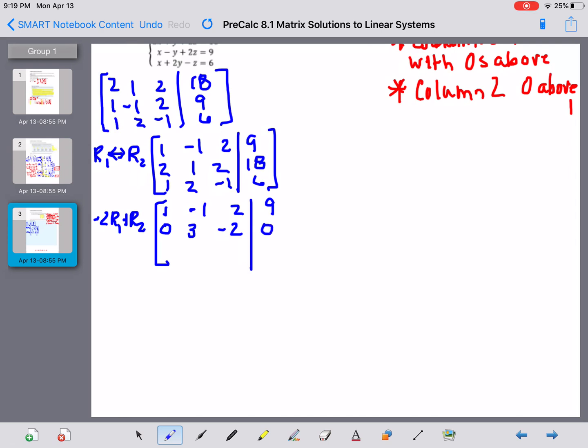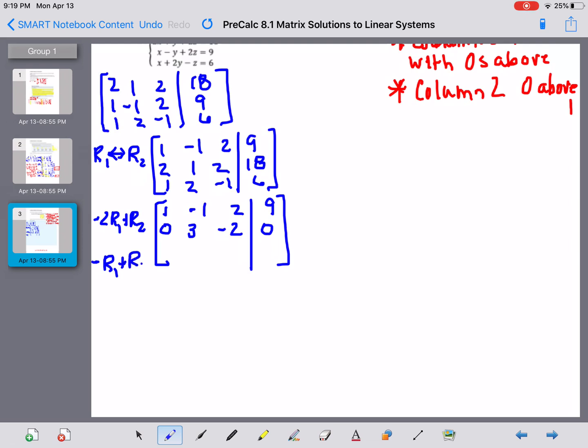All right, and to save my paper space, I'm going to work on that third row at the same time. If I look at my first and my third rows, I have a 1 and a 1. So it looks like I just need to do a little subtraction, or it's easier maybe to say negative row 1 plus row 3 to get my third row.